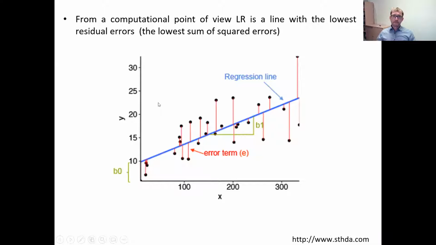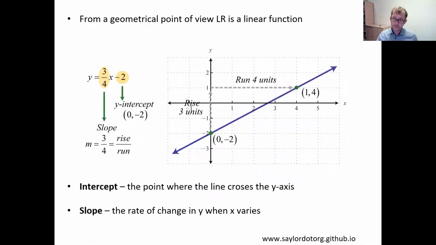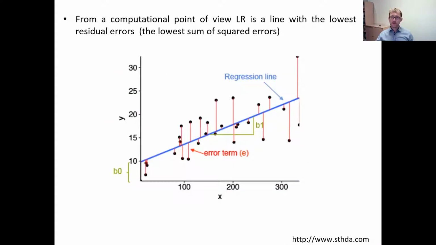Right. What a computer does: you have two variables, x and y, and you want to estimate the relationship between them. Of course we cannot see it, but the computer fits a number of regression lines. Just imagine those black dots are your data, and you expect them to be correlated in a linear manner. So basically the straight line is the best model you can select here to explain this relationship.